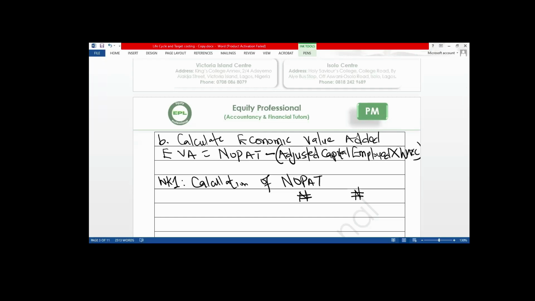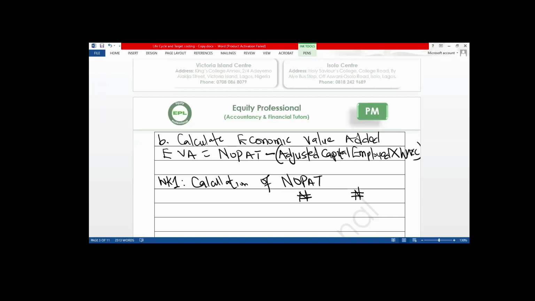Before we go ahead, you are aware you are given 2 years. You are given 2019 financial information and 2020 financial information. The examiner didn't tell us whether to calculate EVA for 2019 or 2020.